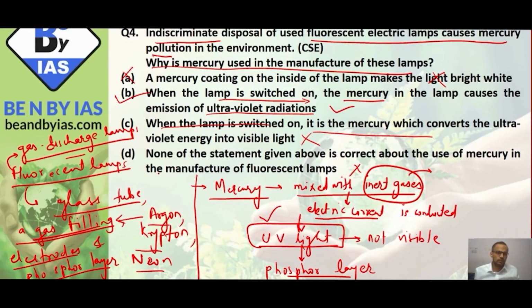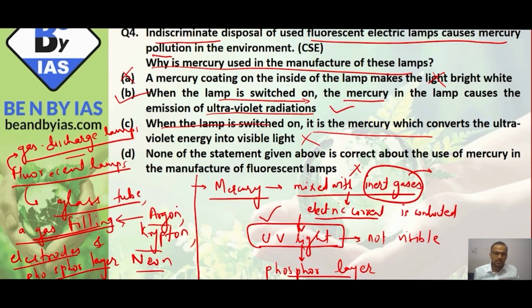So let me repeat this particular point. Fluorescent lamps consist of glass tubes, a gas filling, these gases being inert gases, then electrodes and a phosphor layer. These are four important components of fluorescent lamps.